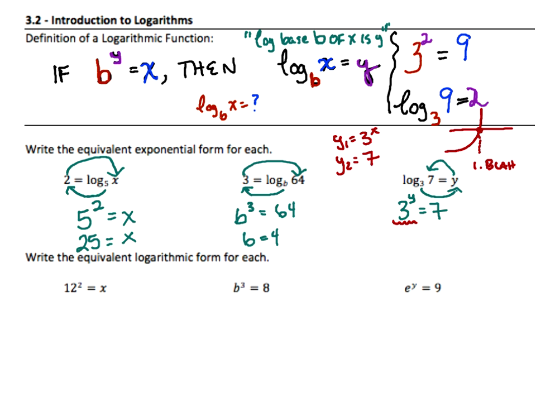So let's do the exact opposite of what we just did with turning logarithms into exponential expressions, and go the opposite way of turning exponential expressions into logarithms. So notice the base in this first one here is 12 raised to the second power.